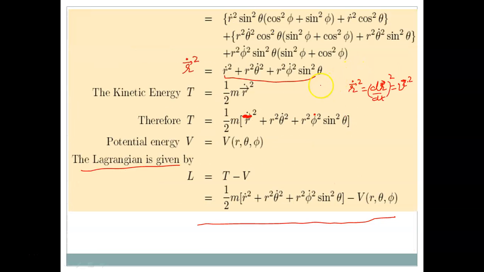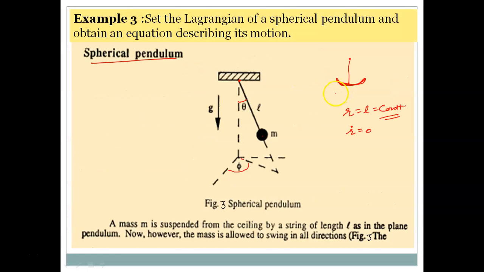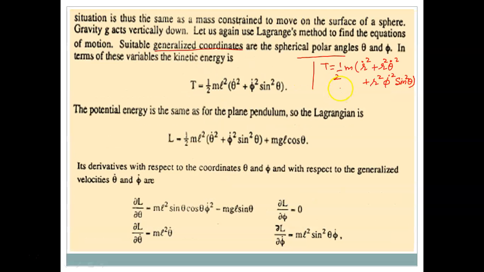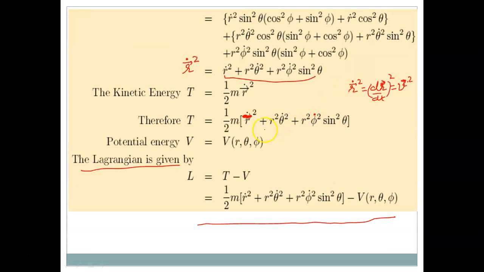Verify this: r dot square, theta dot square, r square phi dot square, that was there in the value of the kinetic energy.